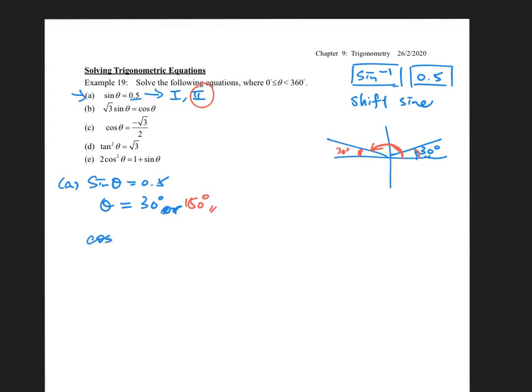Okay, maybe we have some more examples to demonstrate the idea. For example, if you have cosine theta is, let's say, root 3 over 2. From the calculator, you get your first answer of theta, which is also 30. And this 30 will be the reference angle. According to your idea about ASTC, so I write here ASTC, root 3 over 2 means there is an answer in quadrant 1 and there is an answer in quadrant 4 respectively.